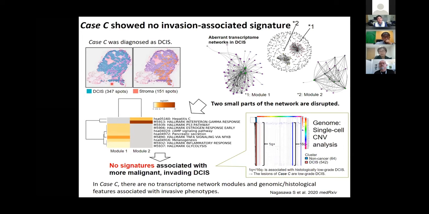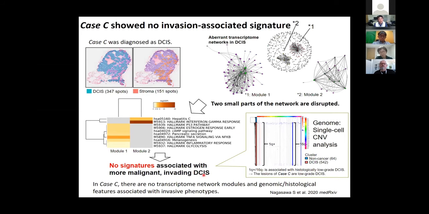When we analyzed this section by BISIM, we found that this was a relatively monotonous cancer in terms of the transcriptomic features and also the single cell genomic features observed by the single cell CNV analysis.